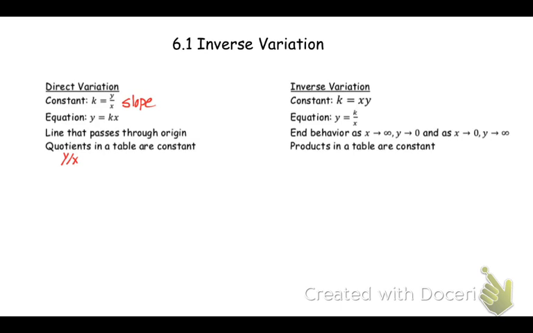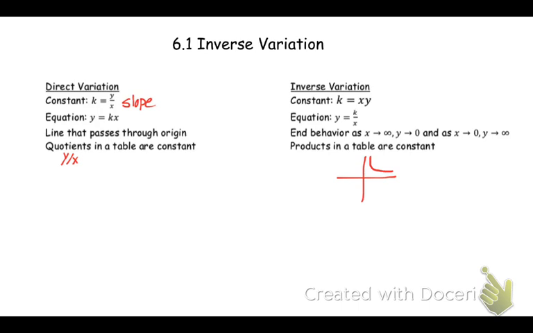Inverse variation is very similar, except instead of doing y divided by x, our constant is found by doing x times y, which means my equation is going to be y equals k divided by x. And now what this would look like as a graph is actually going to be a pretty good introduction to rational functions, because that's similar to what our shape's going to look like.